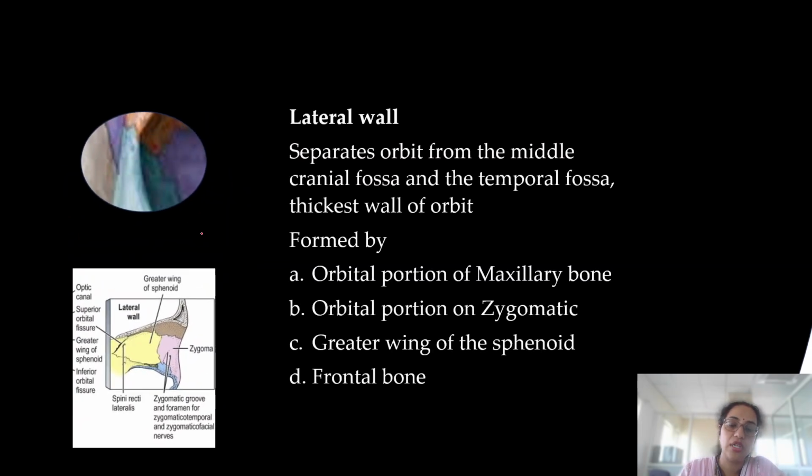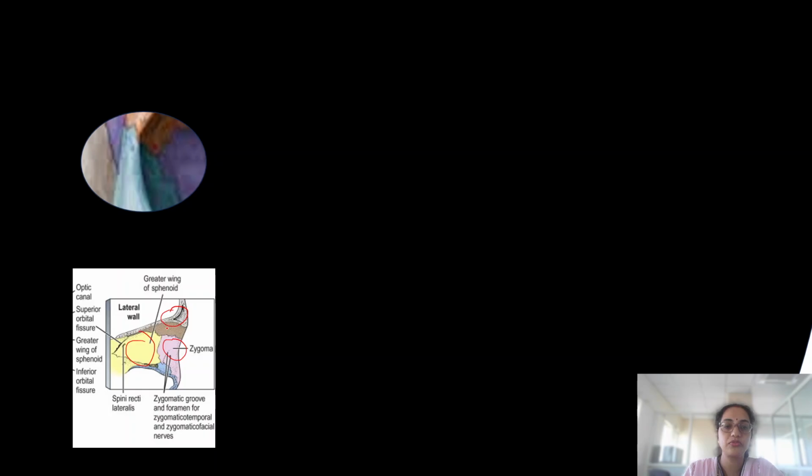Coming to the lateral wall, it separates the orbit from the middle cranial fossa and the temporal fossa, and it's the thickest wall of the orbit. It is formed by the orbital portion of the zygomatic bone, the greater wing of sphenoid, and partly by the frontal bone.